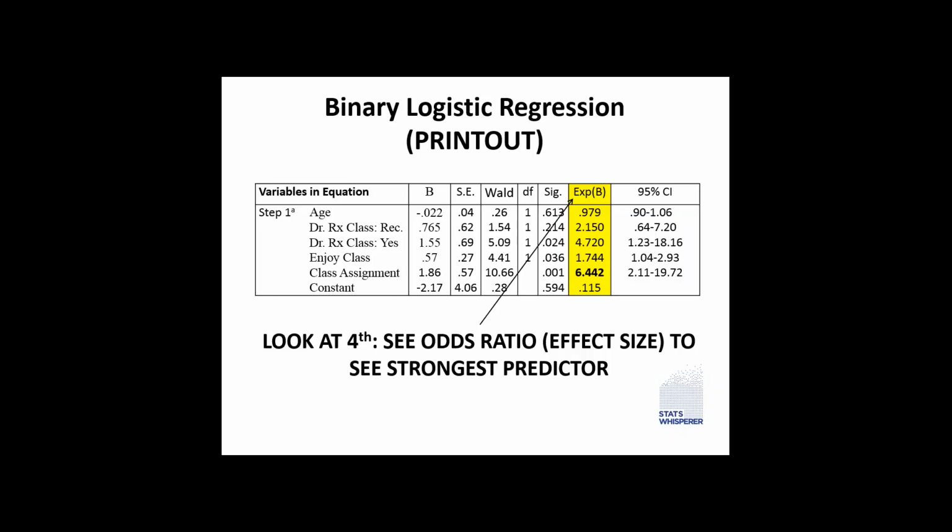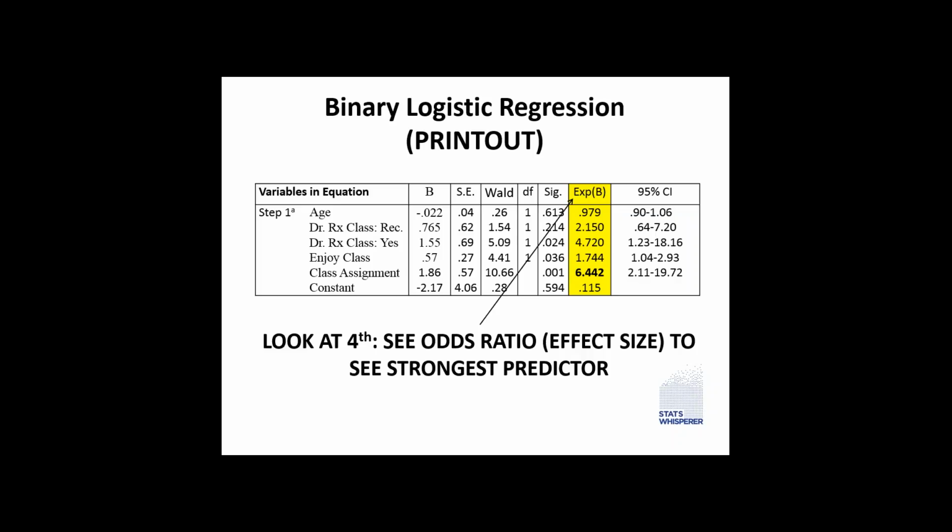Now, one thing to keep in mind is the enjoy class, when you read that odds ratio, you don't read it the same. It's a 1.744. You can't say more likely, less likely in the same manner with a continuous predictor, right? You can with the doctor prescription, yes.